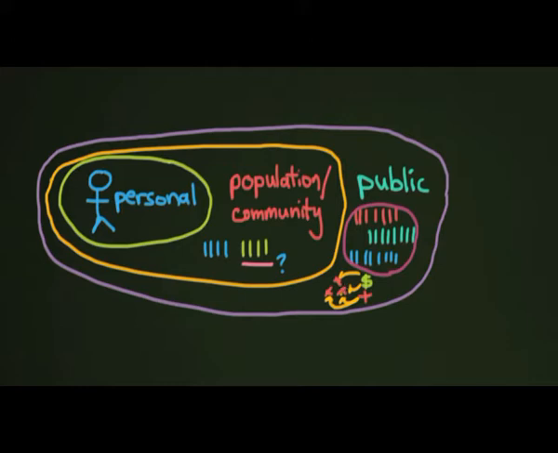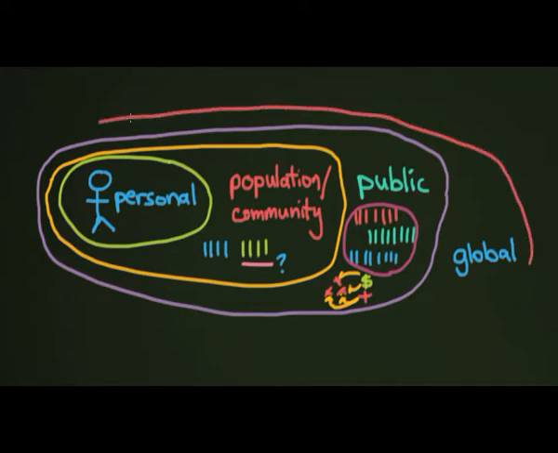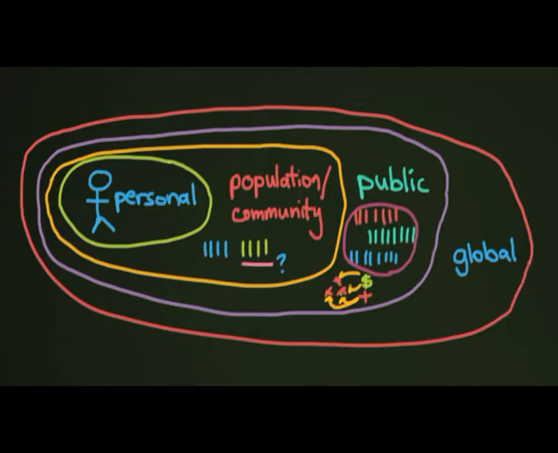And then global health, which we're talking about in this course. It's really important to understand what global health means. For the purposes of this class, it's basically encapsulating all of this. It's looking at each one of these levels in different places around the world and trying to understand the problems and the solutions that work best.